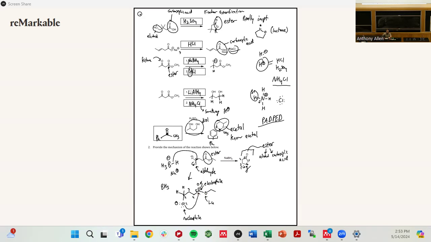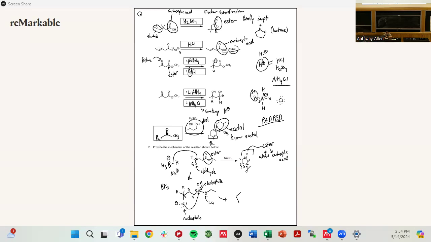Lower or higher in energy than a sigma star? Lower. A lower LUMO is a better, it's like lowering a basketball hoop. It's easier to put electrons into it, electron receiver, right, which is another term for an electrophile. So the better electrophile here is the pi star, not the sigma star orbital. So eventually that leaving group will leave, but not right away.